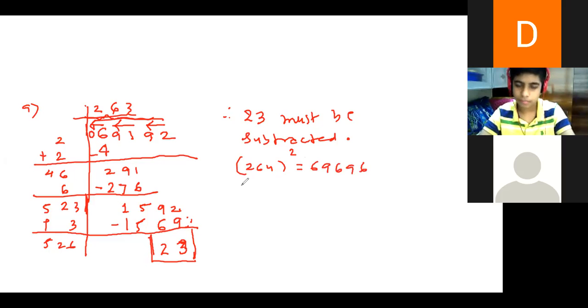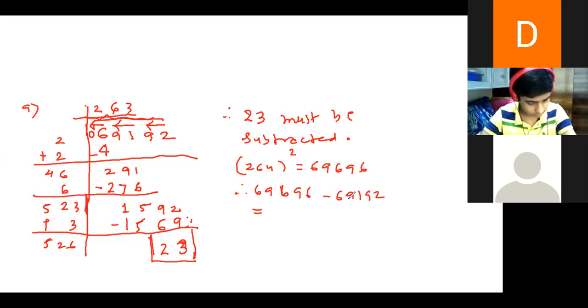Now 69696 minus 69192 will be how much? 504. So this much I should add.